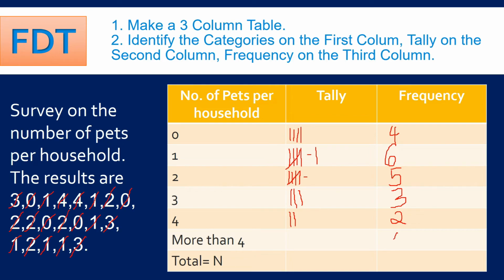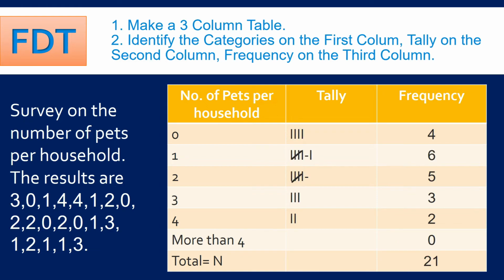For more than 4 pets, 0. So at this time, we are going to get the total, and that is 21. Now, this frequency distribution table is easier to understand compared to the raw data that we have seen a while ago. So this is how to make the frequency distribution table for ungrouped data.